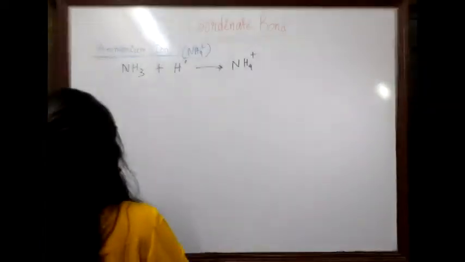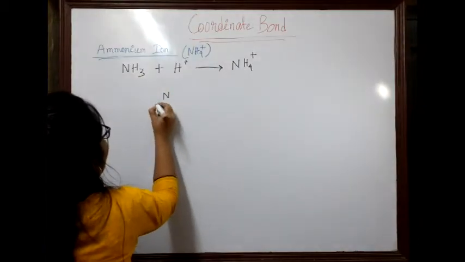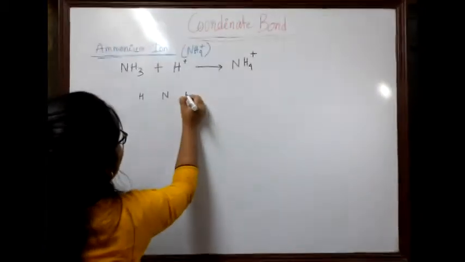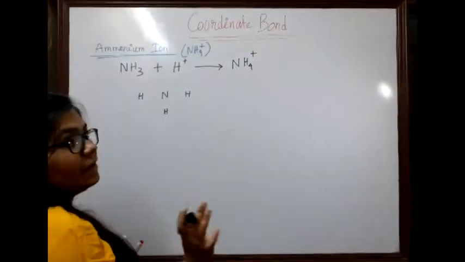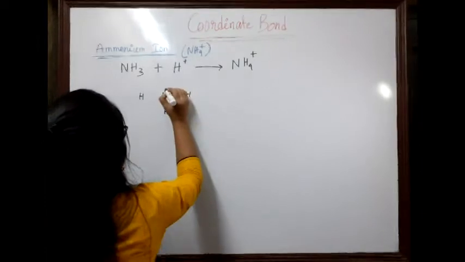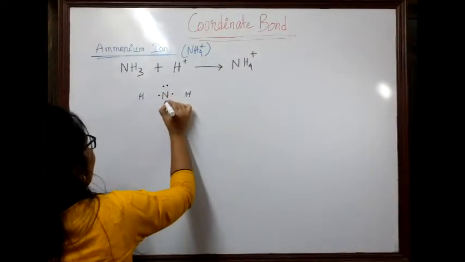Okay. If we see the structure of NH3, nitrogen has 5 electrons in its outermost shell, 1, 2, 3, 4, 5.